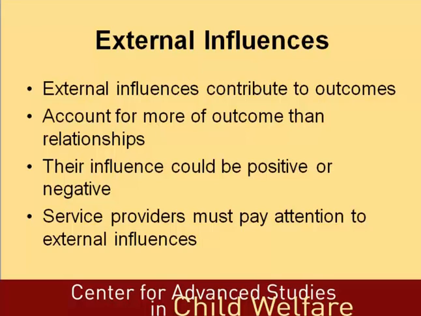External influences can also negatively influence outcomes of your work with children. For example, if a child becomes a gangbanger, this might promote antisocial behavior. She or he might become a substance user and start stealing money from his foster family to feed her or his substance use habit.